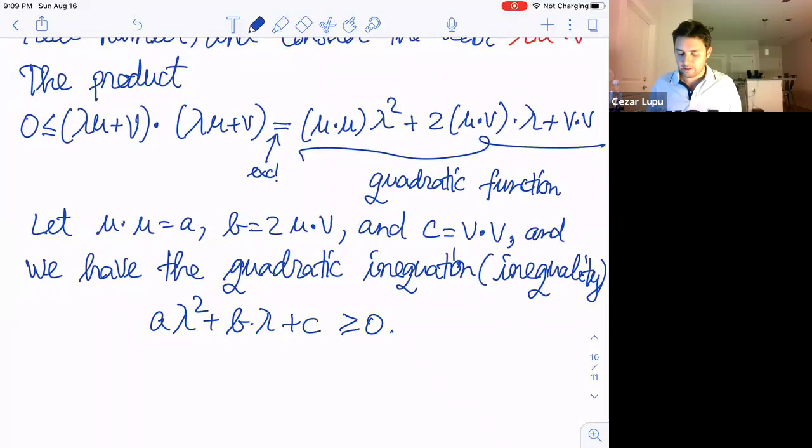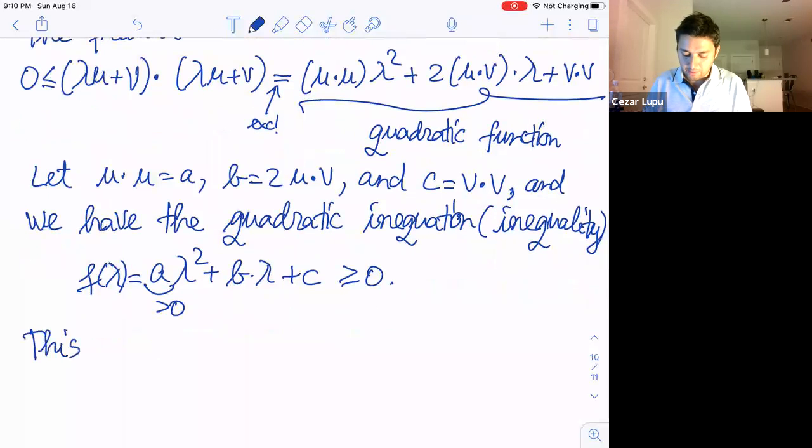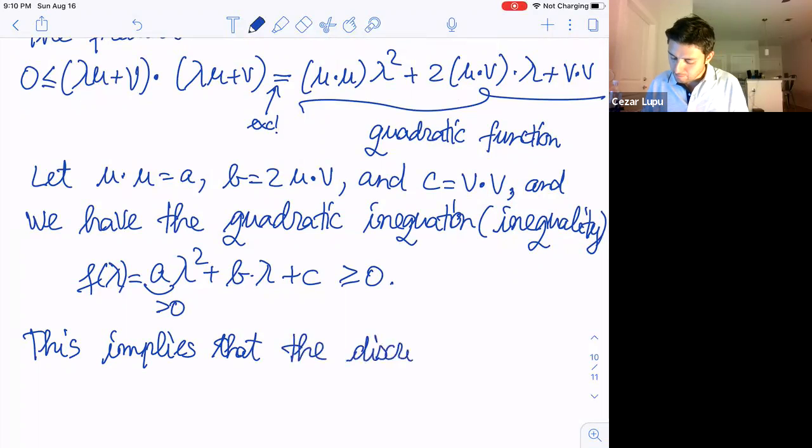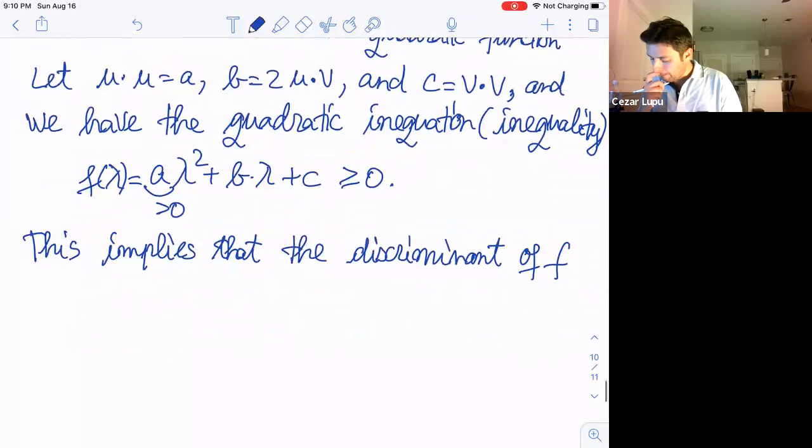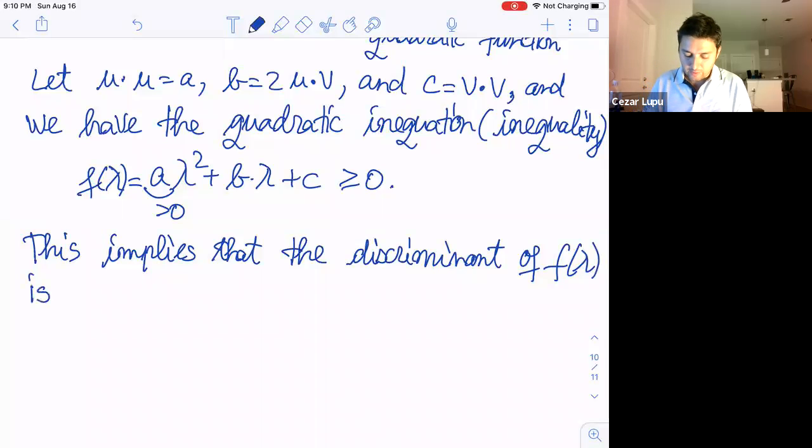Well, this implies that the discriminant, since this is, let's call this f of lambda, as you can see, this quadratic is non-negative, and the leading coefficient here is again positive, right? This implies that the discriminant of f of lambda is not positive, right?